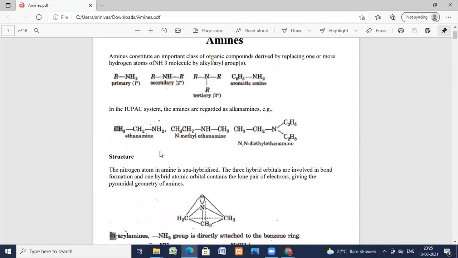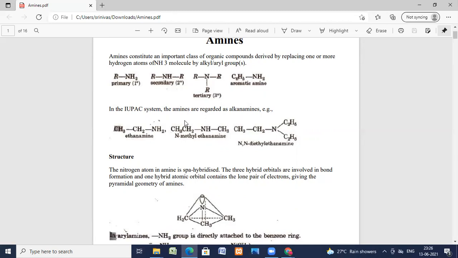Now the IUPAC nomenclature of amines. The common system: if a methyl group is there for NH2, it is methylamine. If an ethyl group is there for NH2, it is ethylamine. If two methyl groups are bonded to the nitrogen, that is dimethylamine.